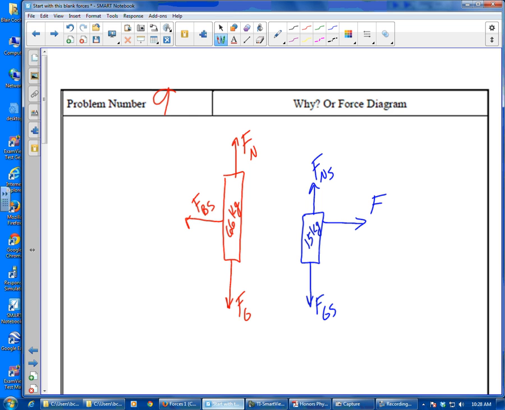And then force on the sister due to the brother. Because we don't want people to think that the normal force or the weight of those are the same, right? Because they each have different weights, different normal forces in this case. That would be a full credit force diagram for this problem.